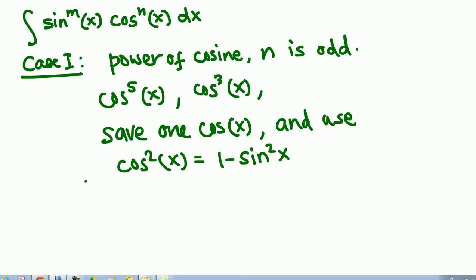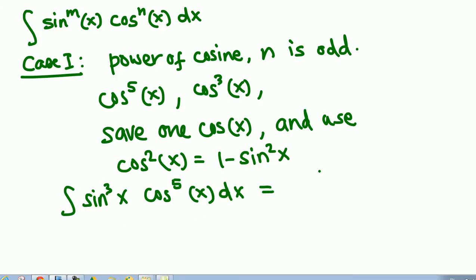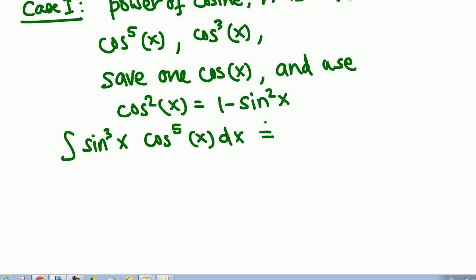For example, if we have sine cube, I mean this doesn't matter, we are focusing on cosine 5x dx. If you want to integrate this, sine cube is just as it is. Now cosine fifth: save one cosine, that goes for du when we make the u substitution later.